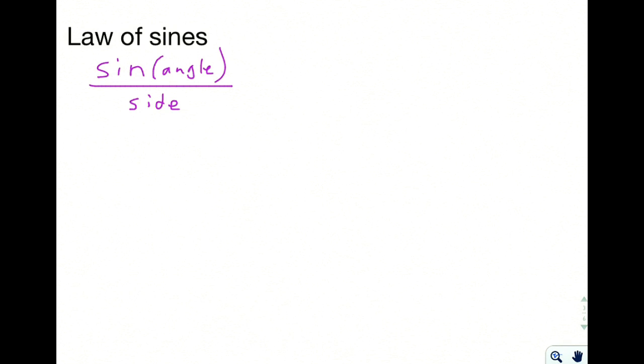So sine of the angle over its opposite side is equal to sine of, let's say, a different angle, call it angle 2, over another side. So any sine of one angle divided by its opposite side will equal the sine of a different angle divided by its opposite side. And now let's get this in a form that you'll probably want to write down.